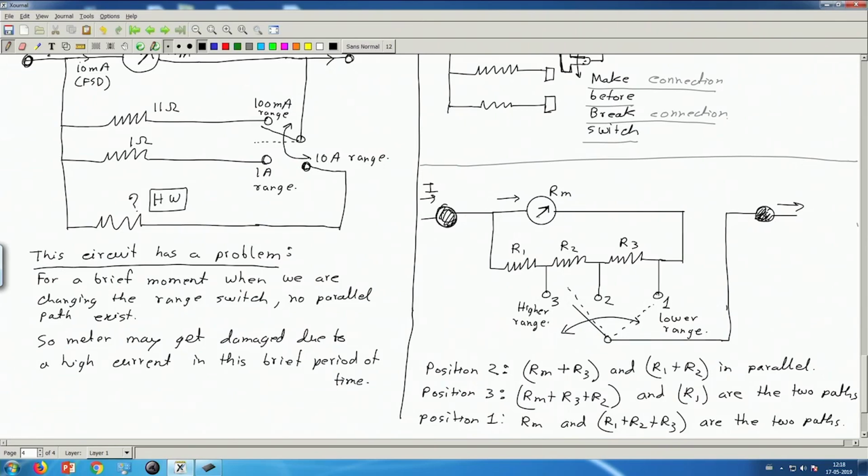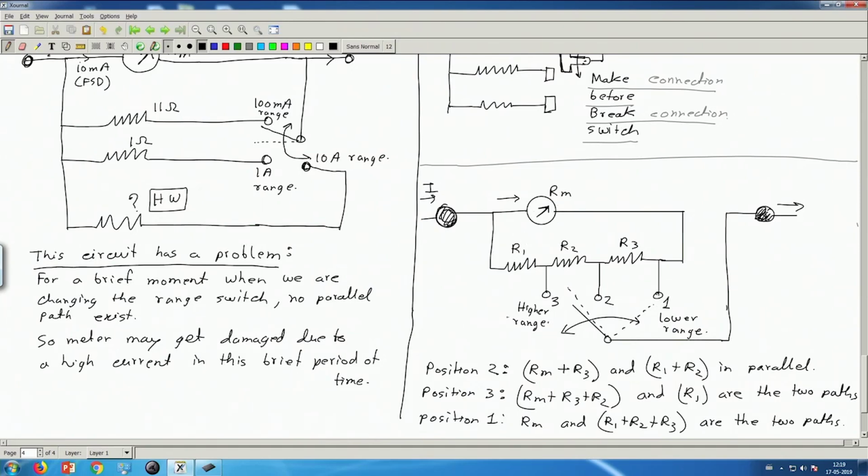So the meter can never get excess current, unlike the earlier situation where if the switch is not touching any of the parallel paths, all the excess current will flow through the meter. In this case the circuit is broken completely, so the current stops when the switch is between two terminals, and therefore excess current will not flow through the meter. So from the perspective of the meter it is safer.